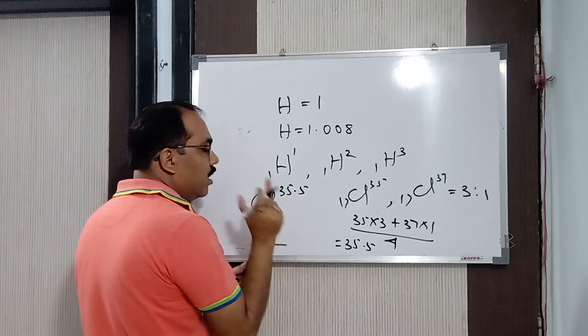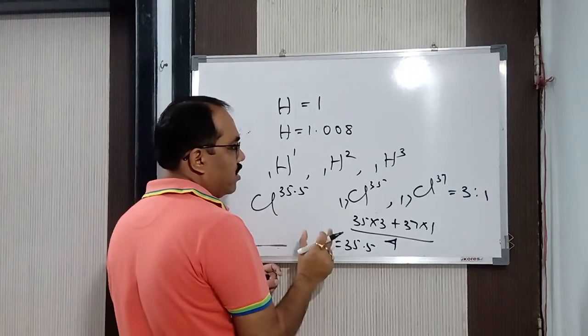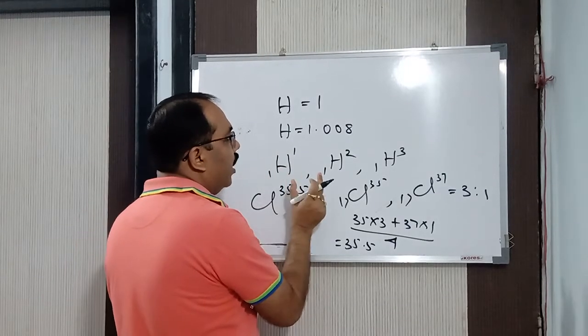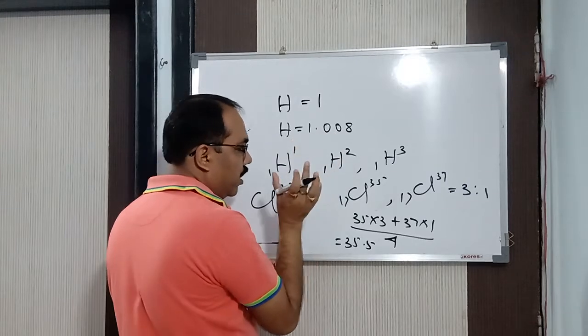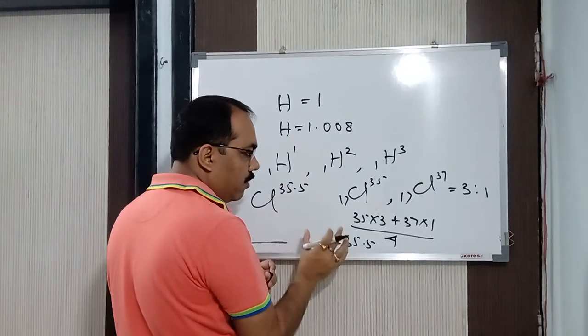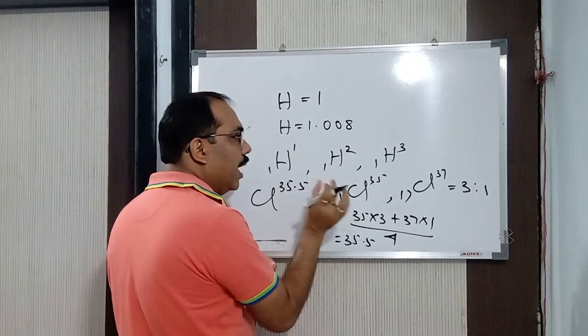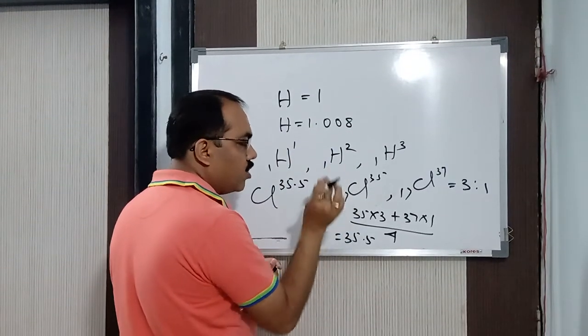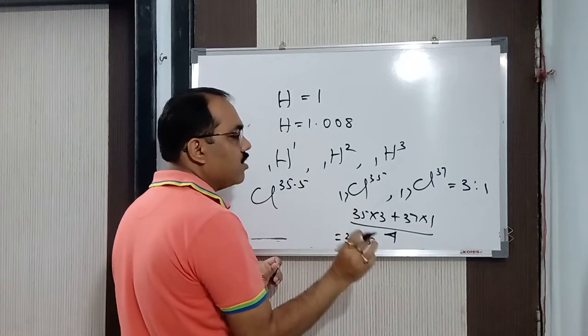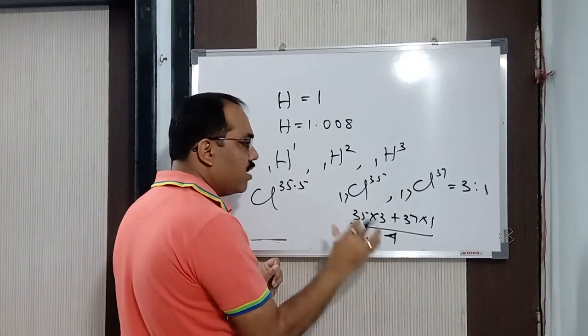So hence, the atomic weight of an element, that is relative atomic mass, again I repeat, is a fractional number whose unit is AMU, denoted with small u, which is known as unified atomic mass unit, because it consists of several isotopes present in it.